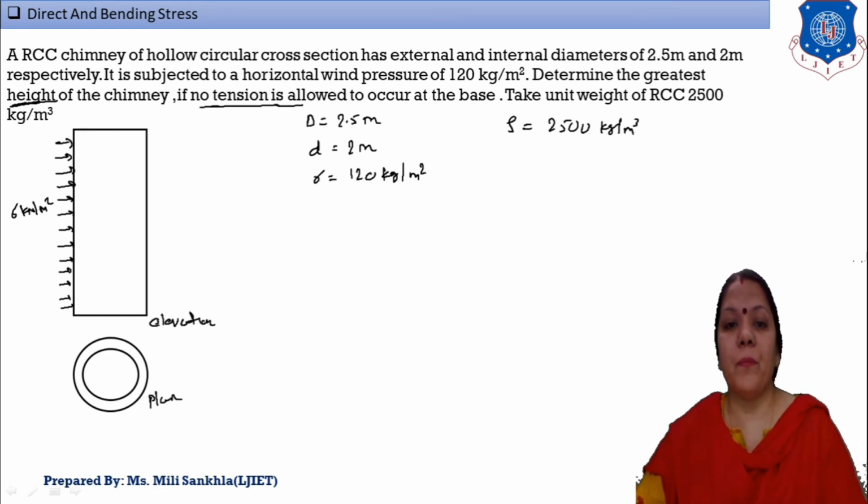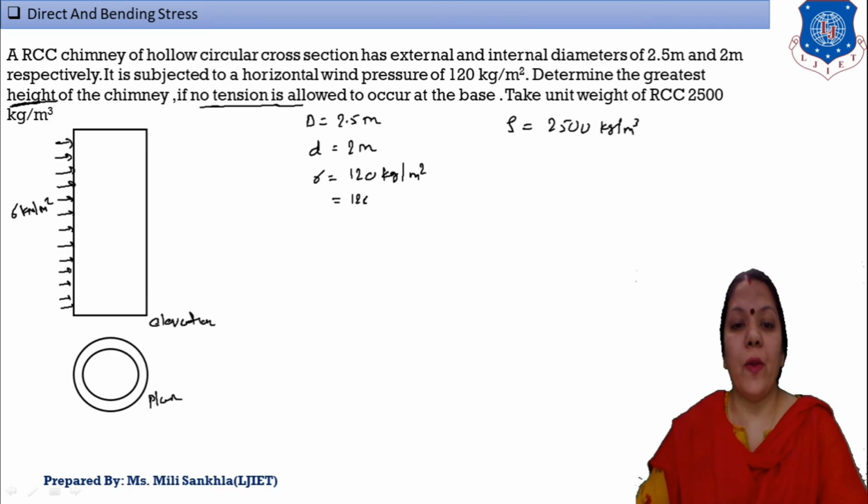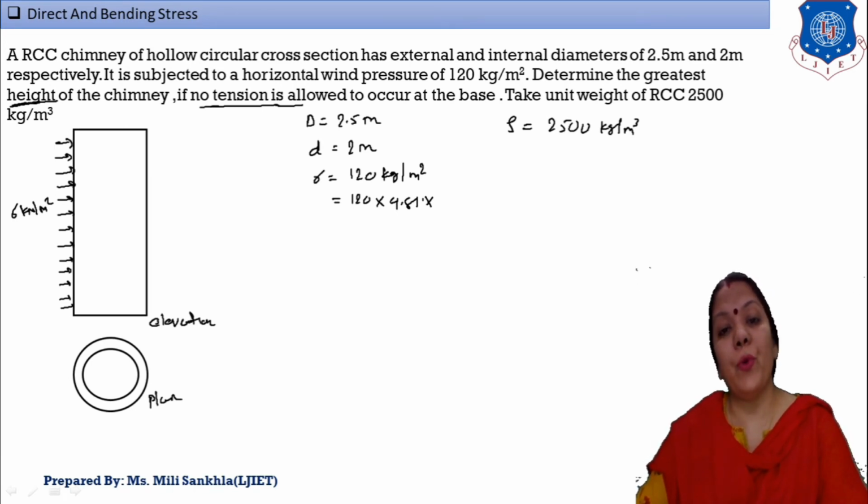Okay, here we first convert this kg per meter square into kilonewton. First of all, 120, we convert kg into newton. 1 kg is equal to 9.81 newton right here. And then convert this newton into kilonewton, that is 10 raised to minus 3.